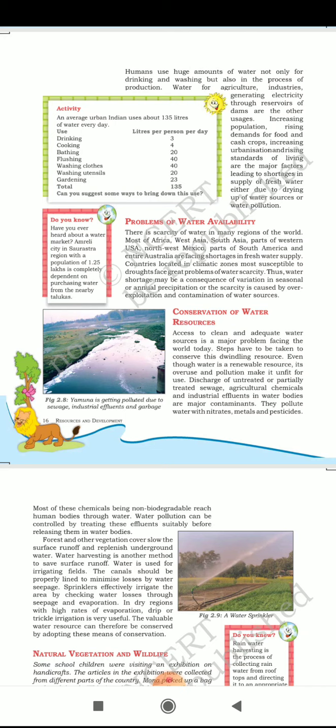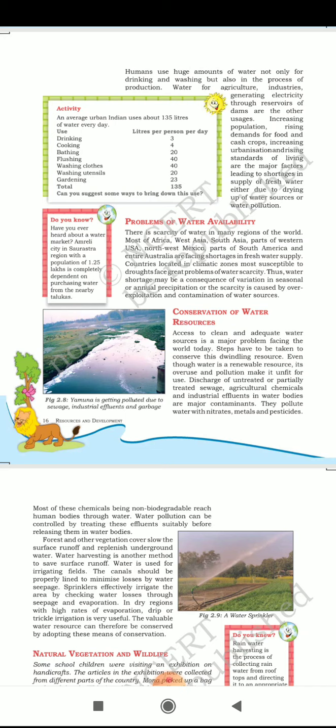Next is about wildlife. What do you mean by wildlife? India is home to a rich variety of animals. If we talk about lions, tigers, monkeys, peacocks, deer, antelopes, jackals, all these are found over a wide range in India.